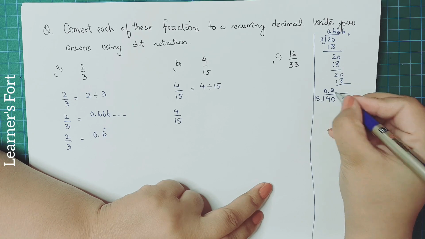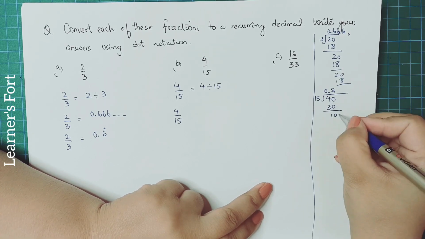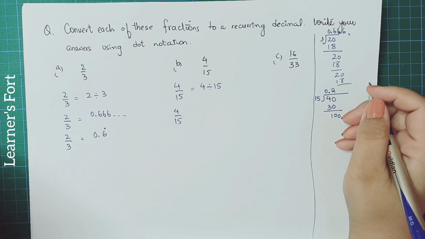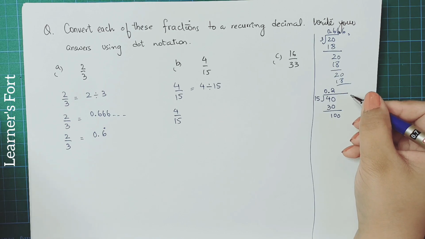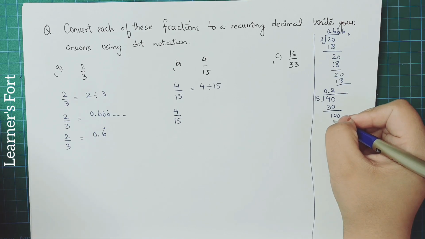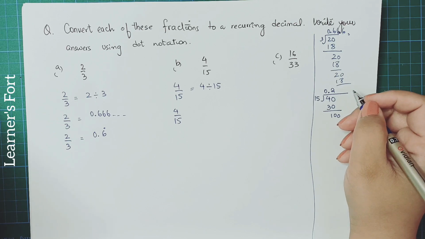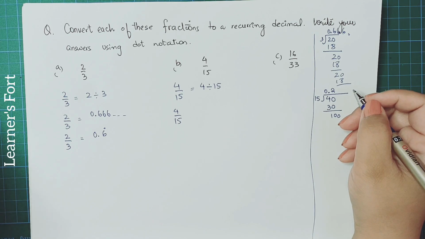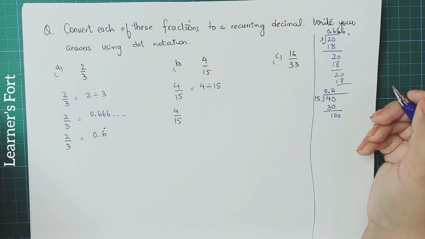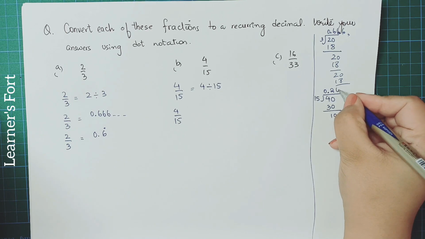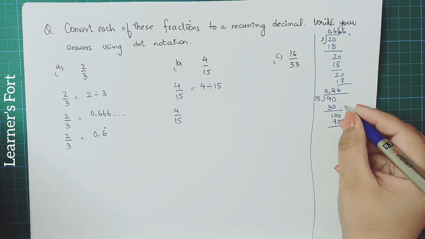So we are going to write the nearest one, which is 2, 30. 0 and 10. Again 0. So we know that 15 twos are 30, 15 threes are 45, 15 fours are 60, 15 fives are 75, and 15 sixes are 90. All right, so the nearest one is 15 sixes, which is 90.